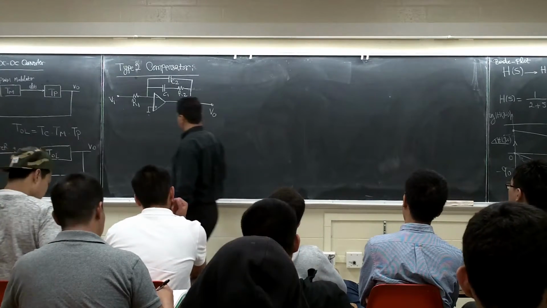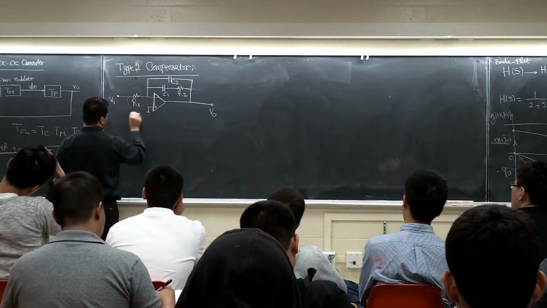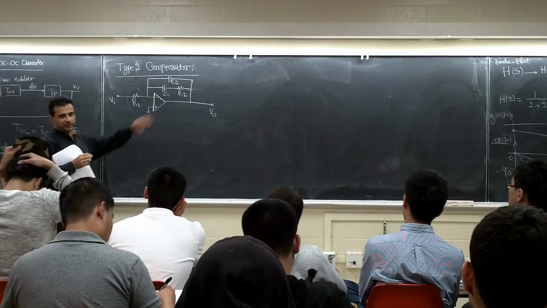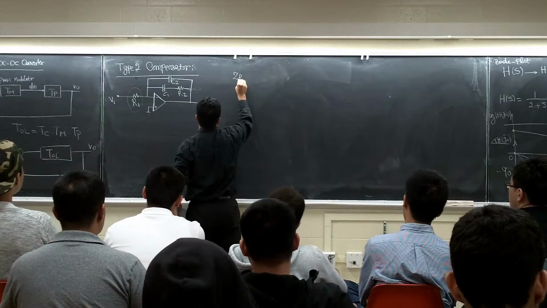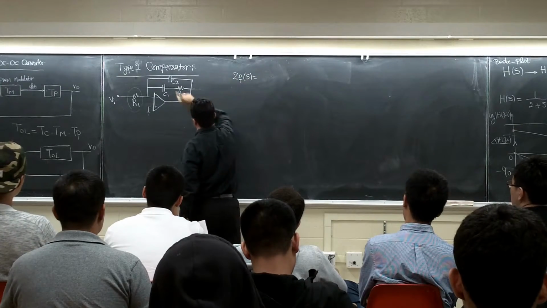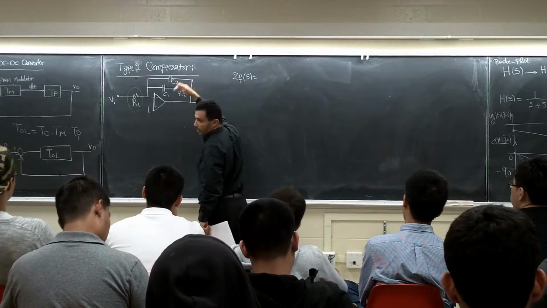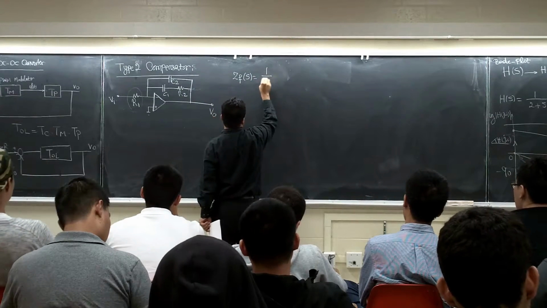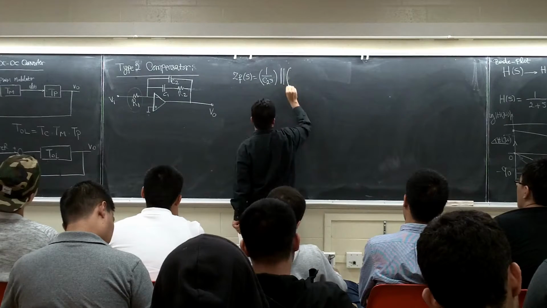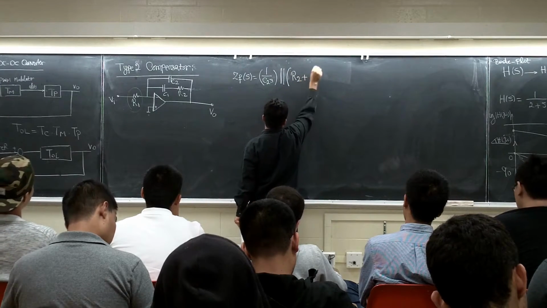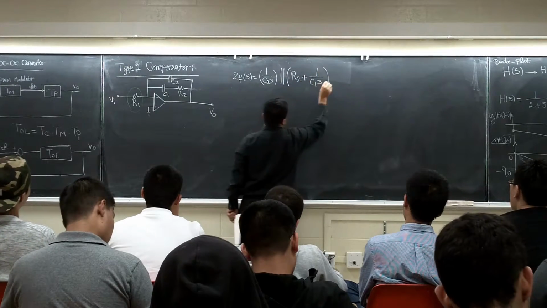So if you look at it, this is ZI, right? And this is ZF, right? How much is ZF(s)? It's going to be this one parallel with this one, right? 1 over C2s parallel with R2 plus 1 over C1s.